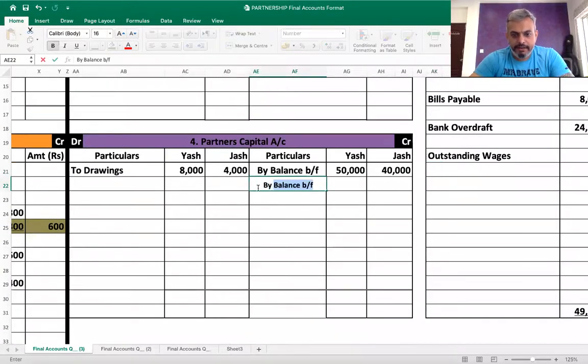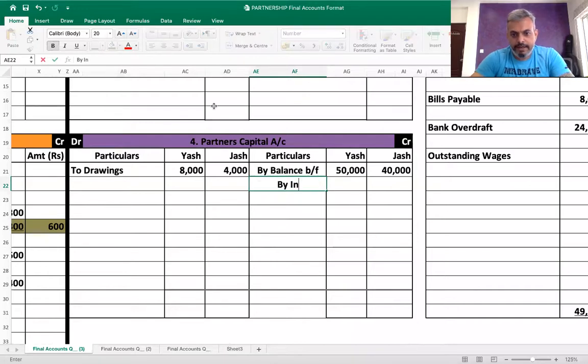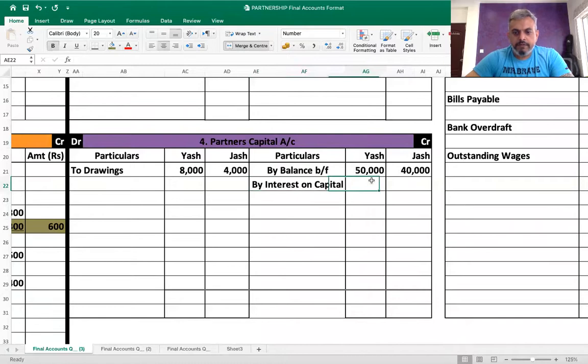By interest on capital, 5%, so 2,500. And 40,000, so 2,000.